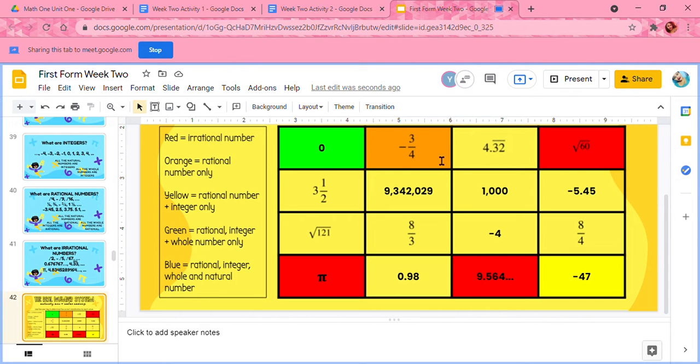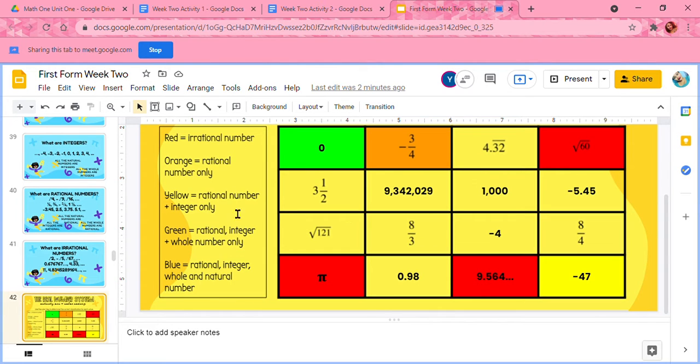Negative 3/4, we had colored it orange because it is only a rational. Negative 60, we had colored it red because it was irrational. Pi, we had colored it red because it is irrational. 9.564, never ending, non-terminating, we had colored it red because it was irrational. And the negative 47, we had colored it yellow because it was an integer and a rational.